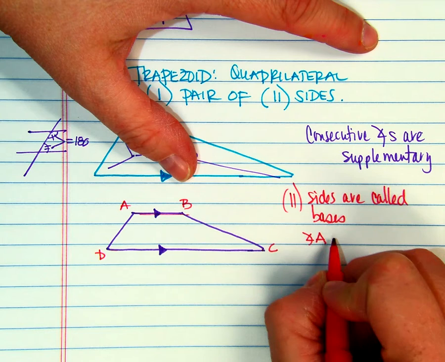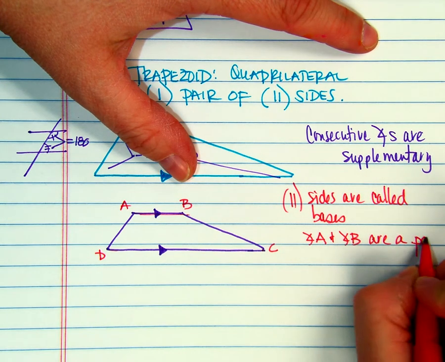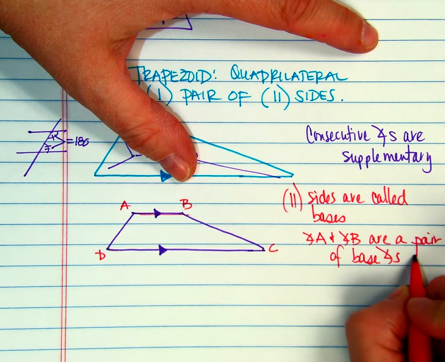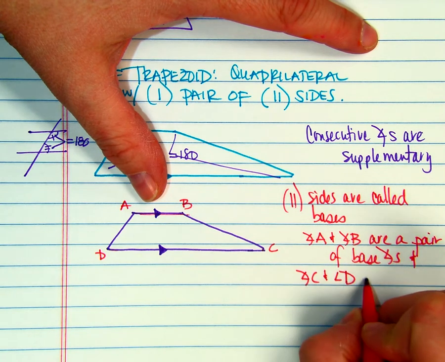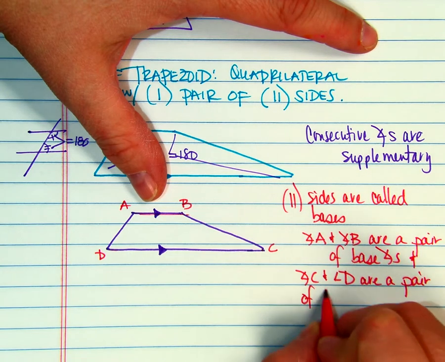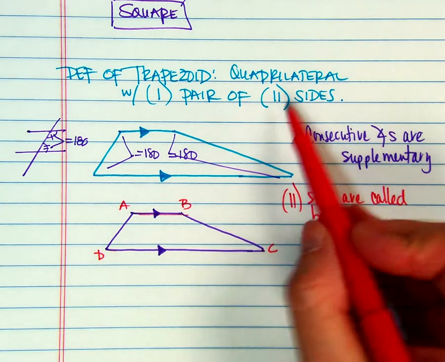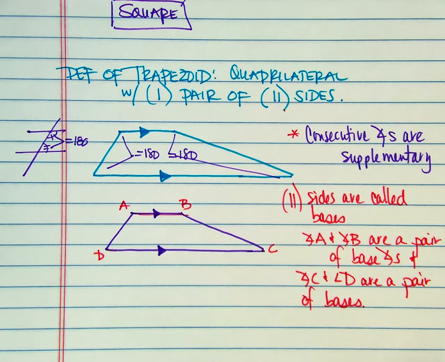So angle A and angle B would be considered a pair of base angles, and angle C and angle D are a pair of base angles. That's going to be especially important once we get to the isosceles trapezoids. So, trapezoid: you have one pair of parallel sides, and consecutive angles are supplementary.